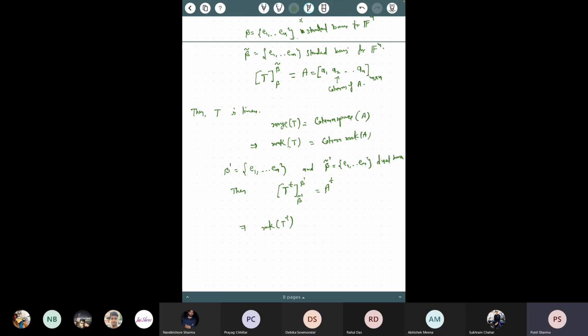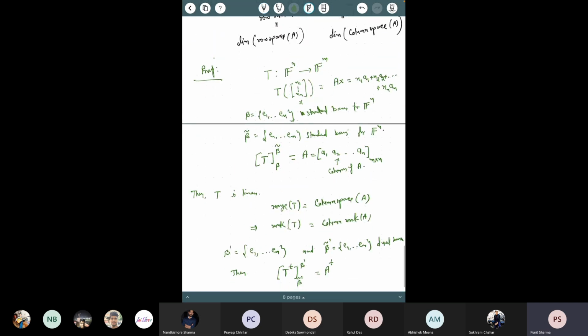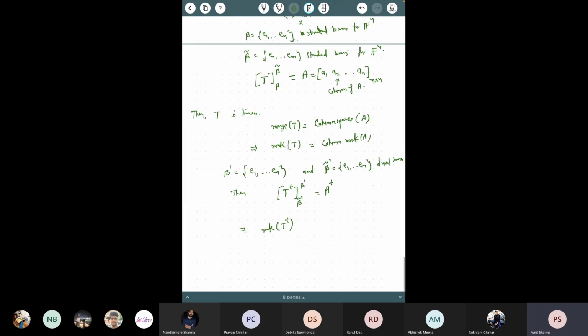So you can see that whatever we have proved here, that rank of T is the same as column rank of A, whatever we have proved for any matrix A. Now if I replace A with A transpose, then T would be replaced by T transpose.